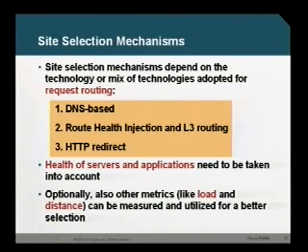Then the final control point is HTTP redirection. That's when the request actually makes it to the SLB device. The SLB device can look at the HTTP headers, and we can make these decisions based on cookies or just parameters within the HTTP header and redirect the user to a particular site.